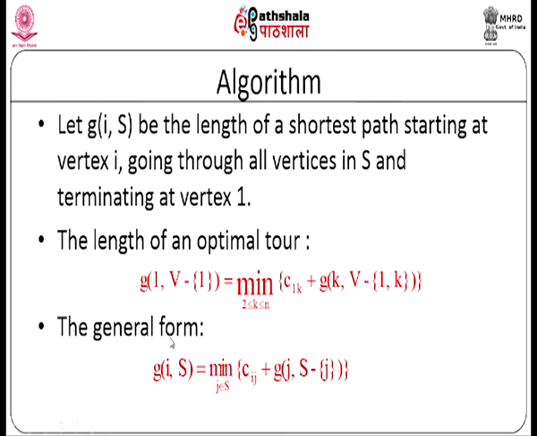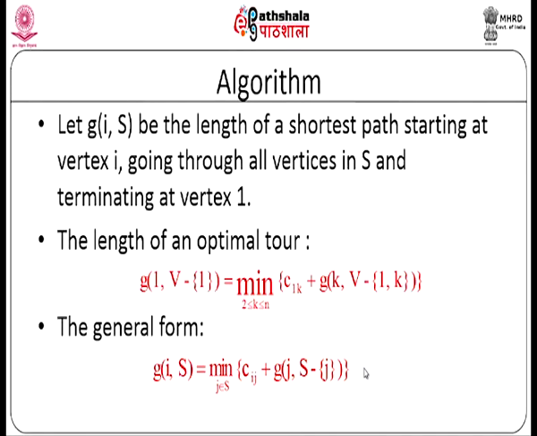So, what is the general form? The general form is g of i comma S, which is going to be the minimum of c of i comma j, which is going to be the weight, plus g of j comma S minus j. This is what the general form of this particular algorithm is all about. So, you can see exactly what is happening now.